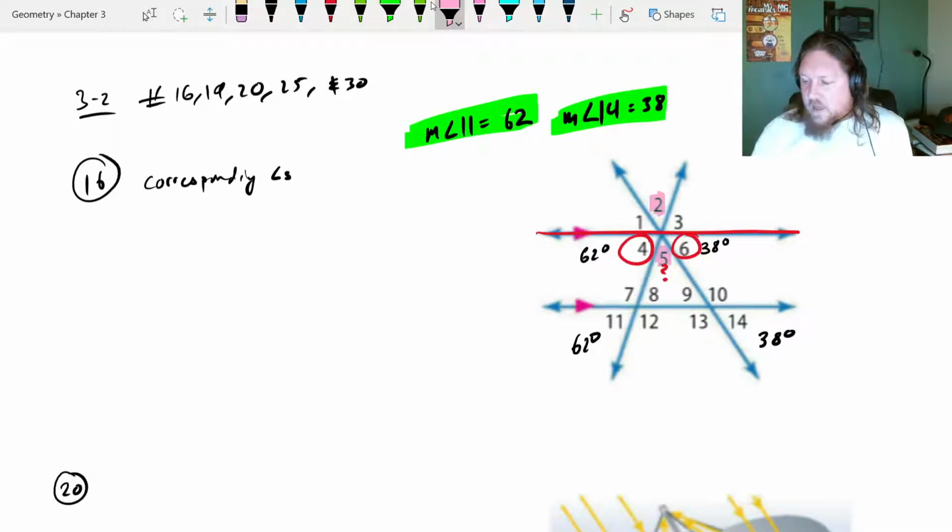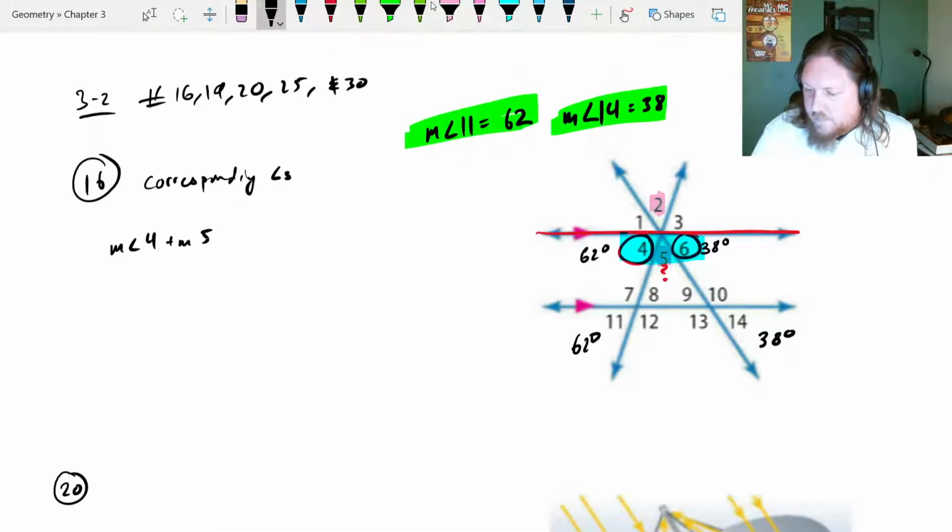And I can figure out what angle 5 is because 4, 5, and 6, they're all supplementary. Measure of angle 4 plus measure of angle 5 plus measure of angle 6 all add up to 180. And I know what 4 is, it's 62. And I know what 6 is, it's 38.